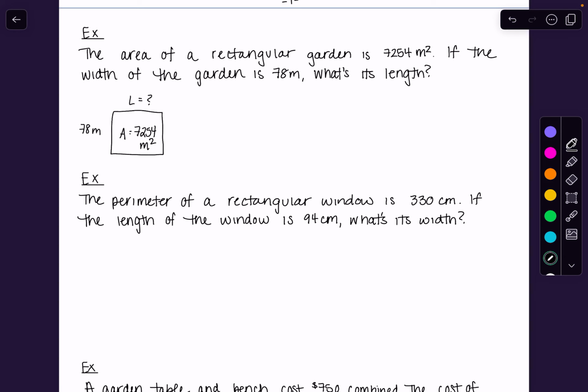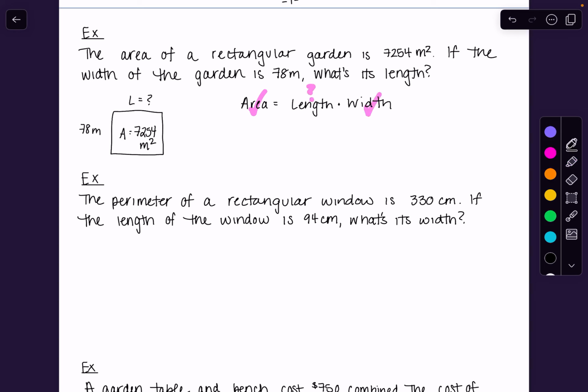Okay. So thinking about how we find the area of a rectangle, that's going to be the length times the width. And again, filling in the pieces, we know the area, we know the width. This is the thing that's unknown we're searching for.